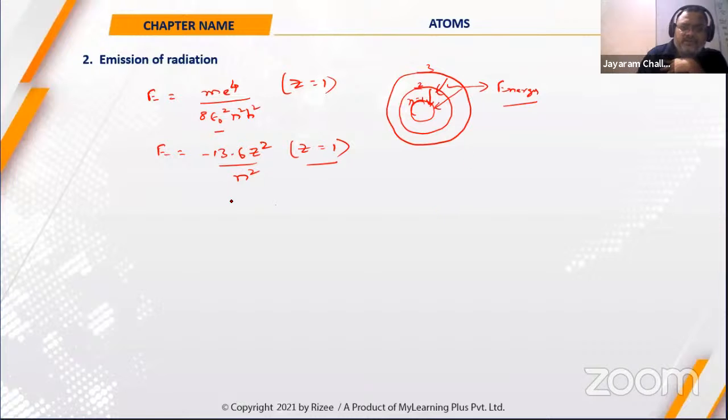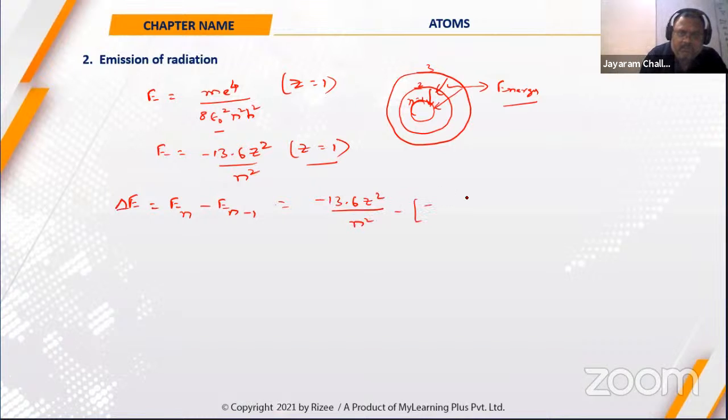If it is a transition from the n plus 1th level to the n level, the energy difference, delta E, can be calculated from En transitioning to En minus 1. So the En value can be written as minus 13.6 into Z square by n square, minus of minus 13.6 into Z square by n minus 1 whole square.